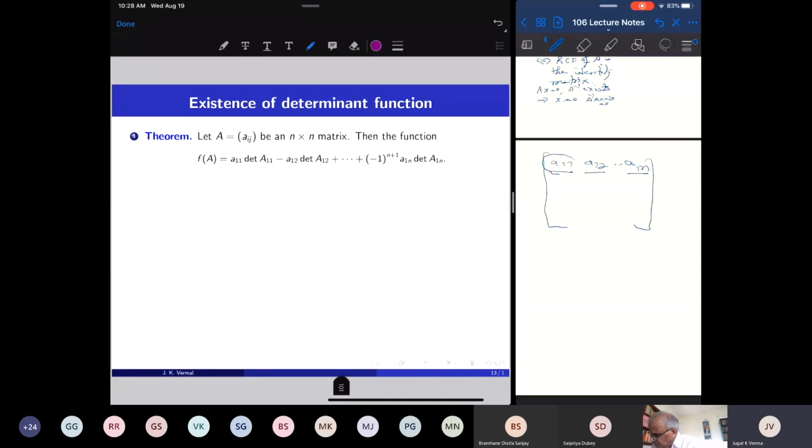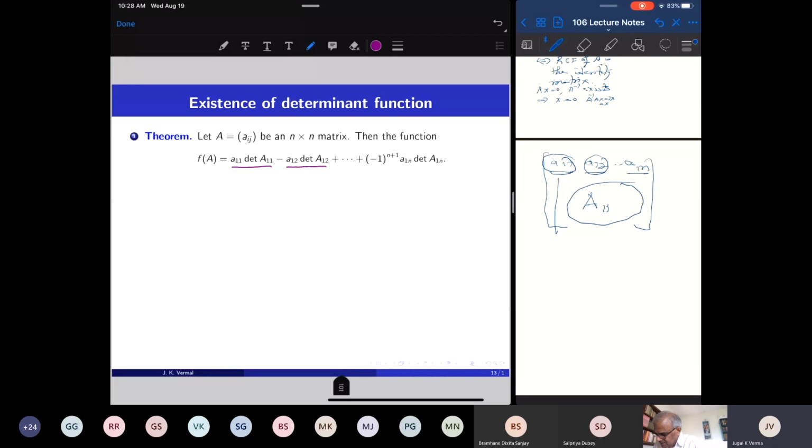Take A11 and delete the first row and first column. The submatrix that I get here, we are calling it A11. I know the determinant of A11 by induction. So look at A11 times the determinant of A11. Now we look at A12 and repeat this. Remove the first row and the second column. I get a submatrix of size n-1 by n-1, and I write A12 times the determinant of A12.